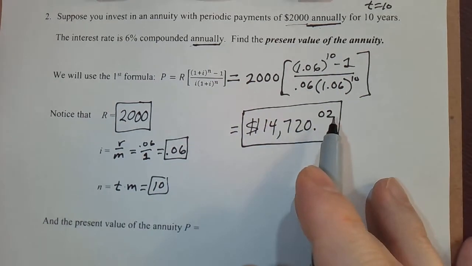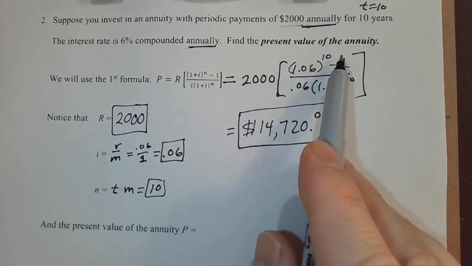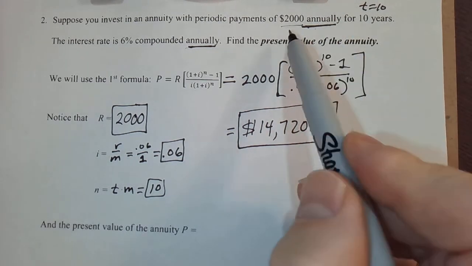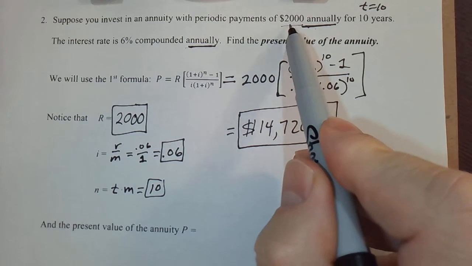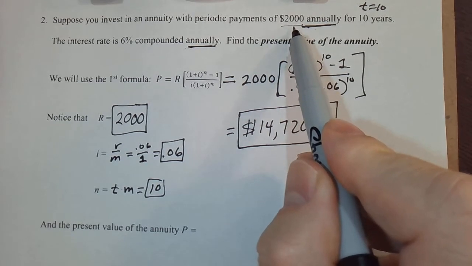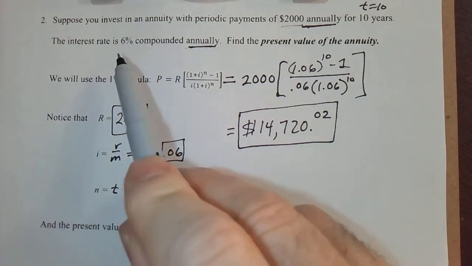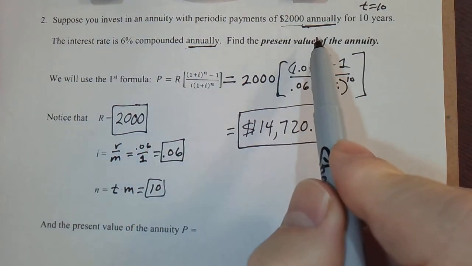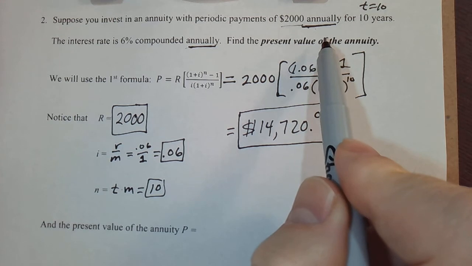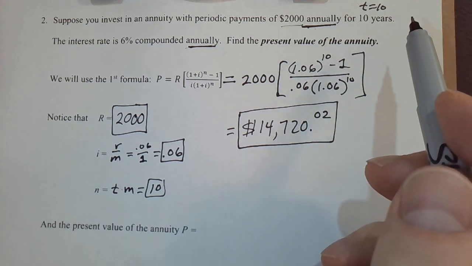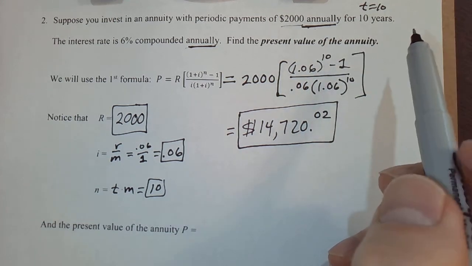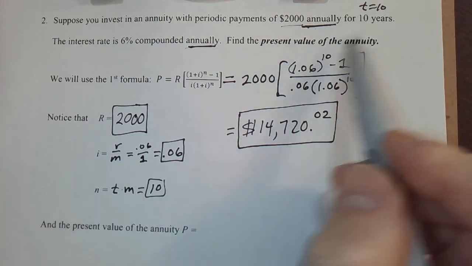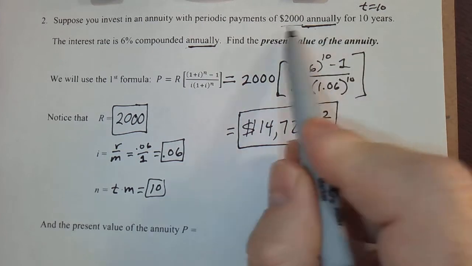So now, what is that telling us again? What does the present value of the annuity mean? It means if somebody puts $2,000 a year away for 10 years, and the interest rate is 6%, the amount of money that person's going to have at the end, which I think we computed in the earlier video, was over $20,000, because the contributions there are $20,000.